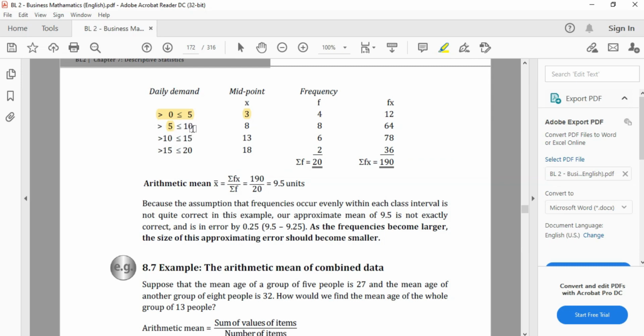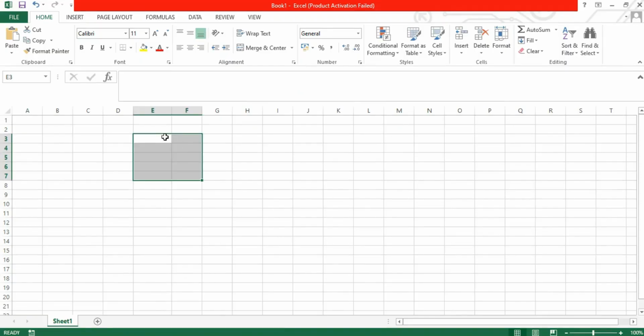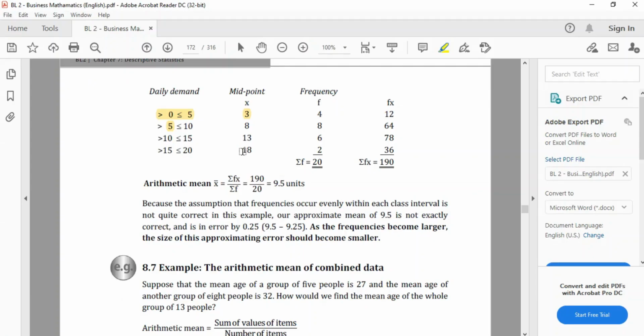That means it has the numbers only 6, 7, 8, 9, 10. So if you take in your Excel 6, 7, 8, 9, 10. So two numbers this side, two numbers this side. Therefore 8 will be a midpoint, which is perfectly 8.